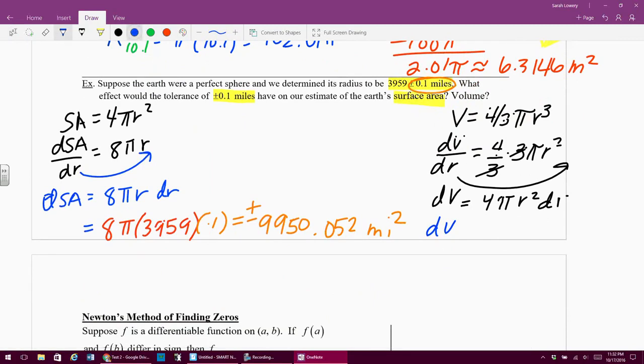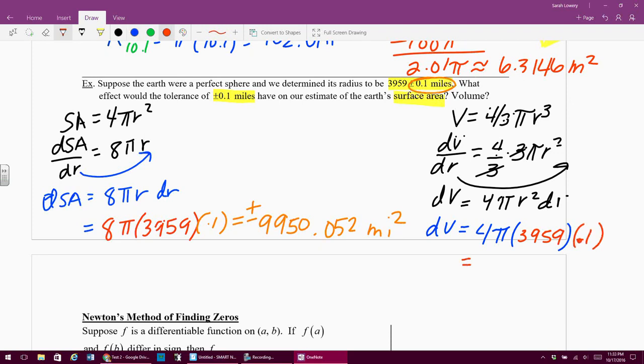dV is equal to 4 pi. My radius of the Earth is, oh, I already messed it up. Sorry, guys. My radius of the Earth is 3959. My threshold is plus or minus 0.1.